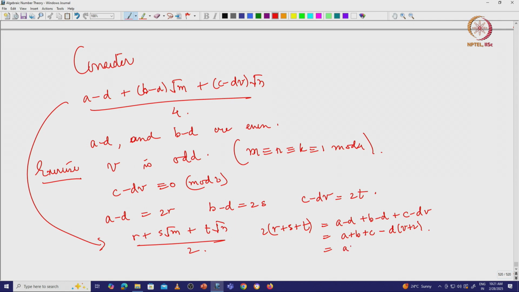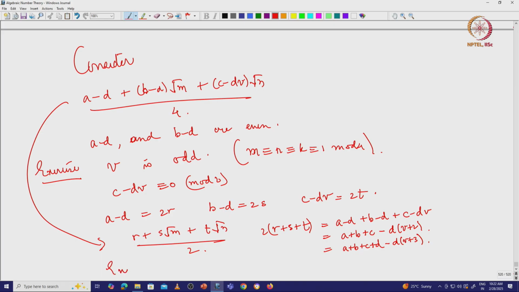Which you can rewrite as A plus B plus C plus D minus D times V plus 3, right. And now what you notice is that, just the way things are set up, you can show that this thing is divisible by 4.